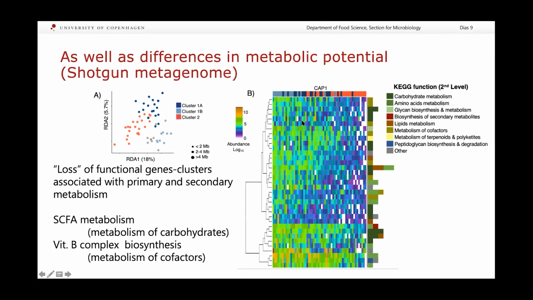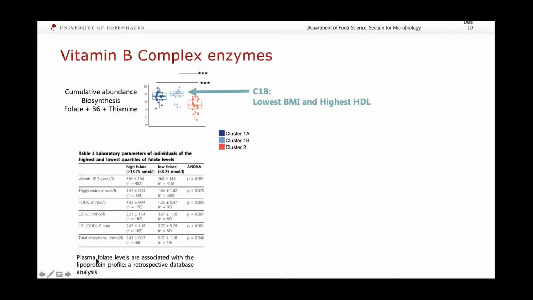If we go to cluster 1B, which is a relatively healthy profile, then we have a loss of functional genes associated with primary and secondary metabolism. Some of those were very interesting, because they included the metabolism of short-chain fatty acids, as well as the biosynthesis of vitamin B.